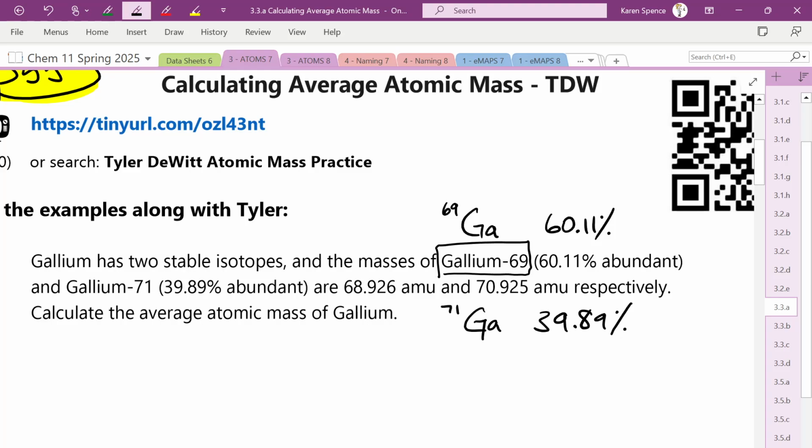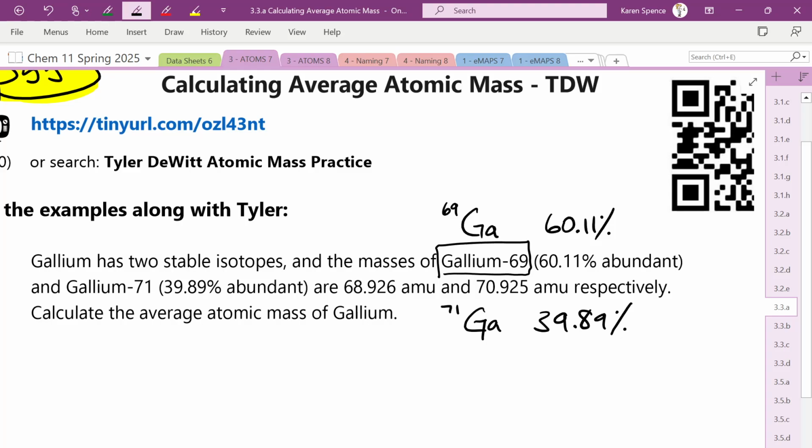Now it turns out that when we say the mass is 69, the mass isn't exactly 69, because you lose a little bit of mass from each proton and each neutron, or you gain a little mass or something. It has to do with how they bond together. It's actually Einstein's E equals mc squared, turning some of the matter into energy when all the particles of the nucleus come together.